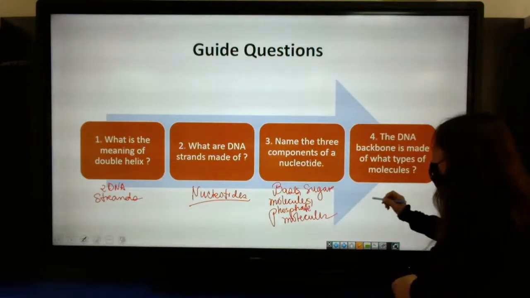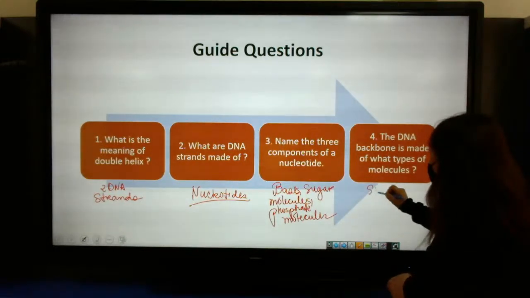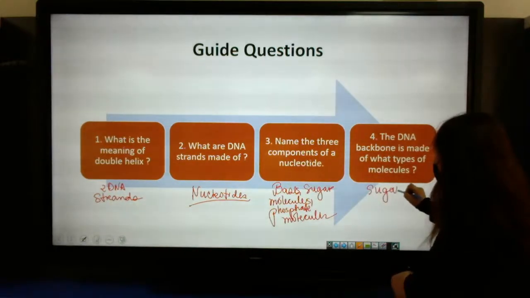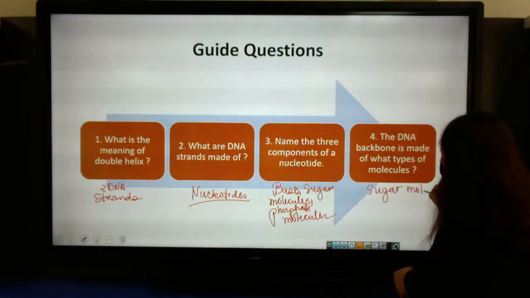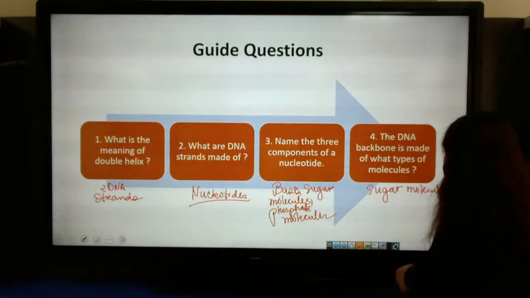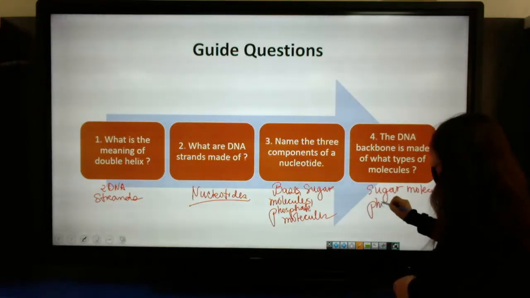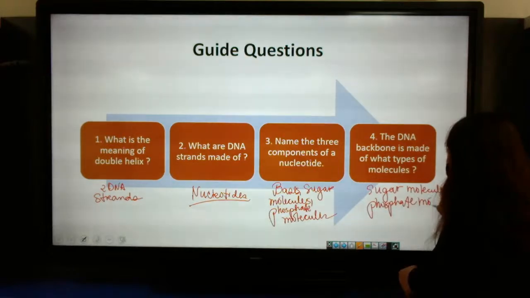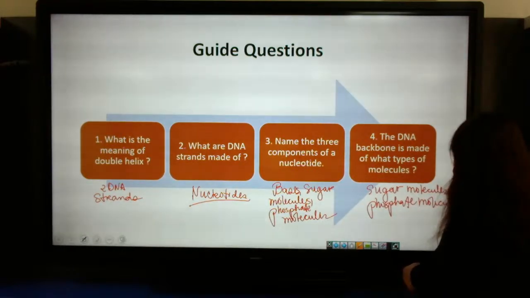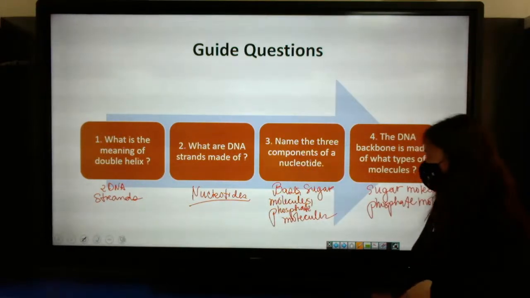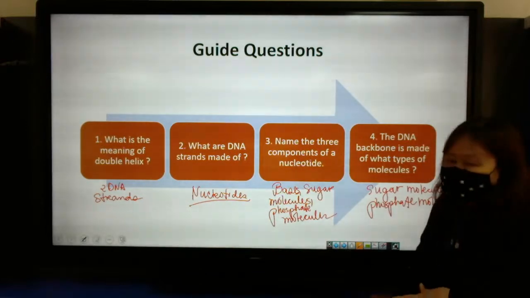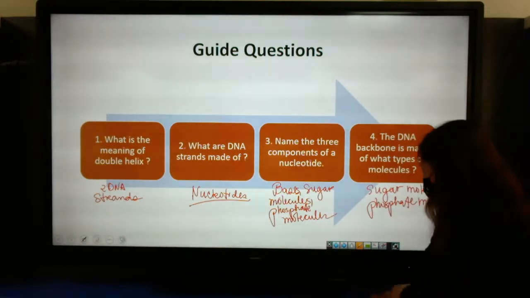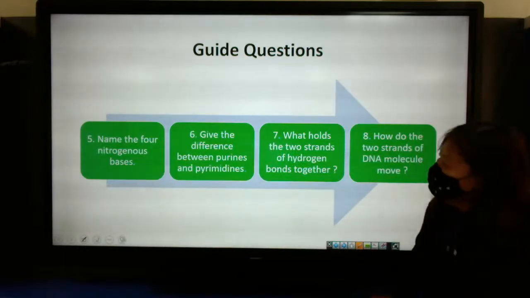Basically, that one is made up of sugar molecules and phosphate molecules. So these are the basic parts of the DNA molecule.